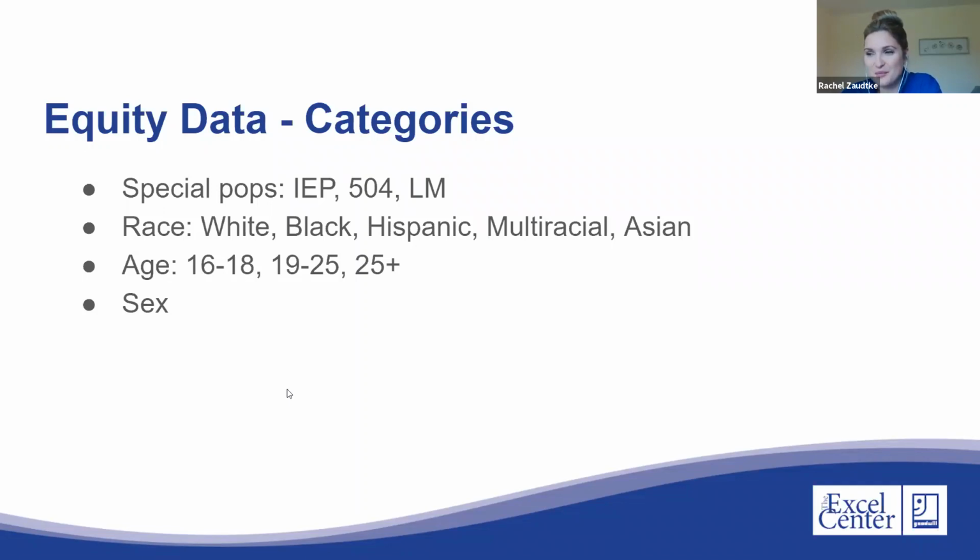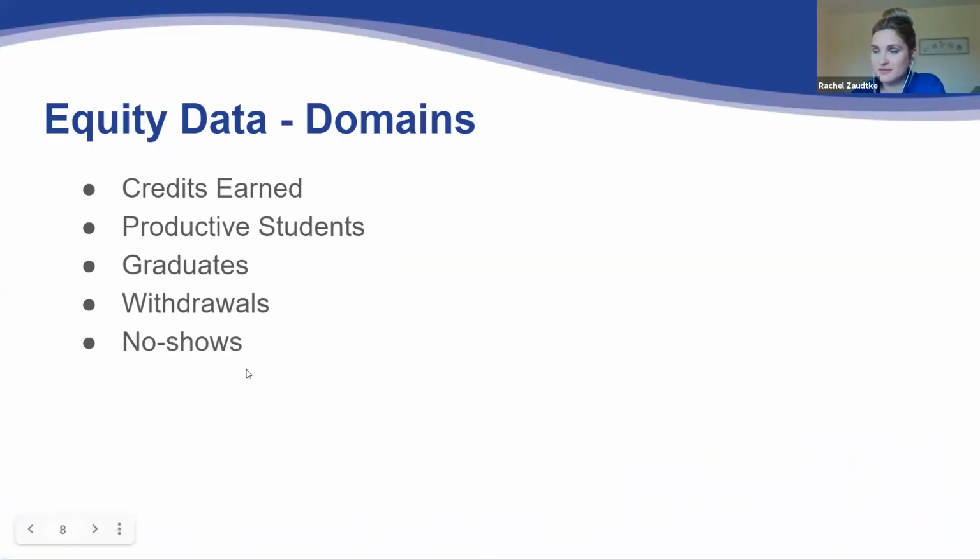A more recent addition was sex, because we found that results would also vary based on male or female. So those are our categories, and that moves us into the domains. We focused on credits earned, productive students, graduates, withdrawals, and no-shows. Those domains have definitely provided some interesting results. Any questions on the categories or domains?